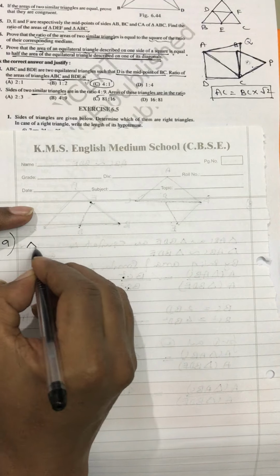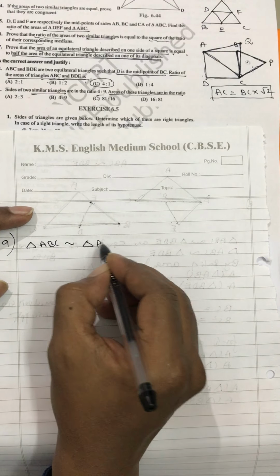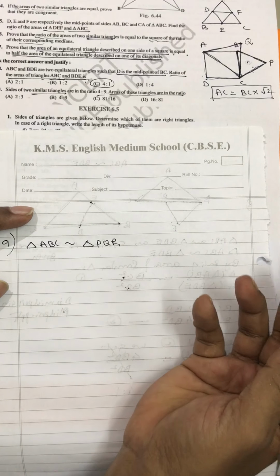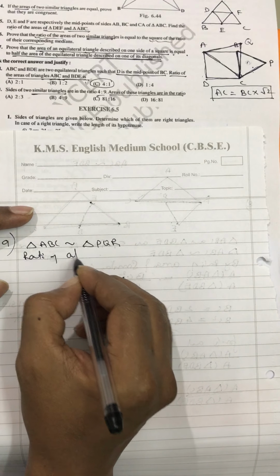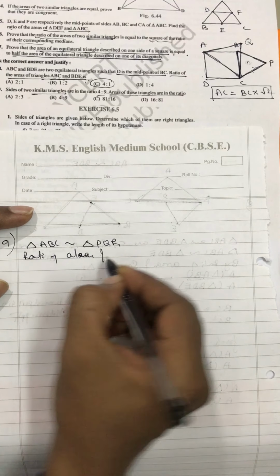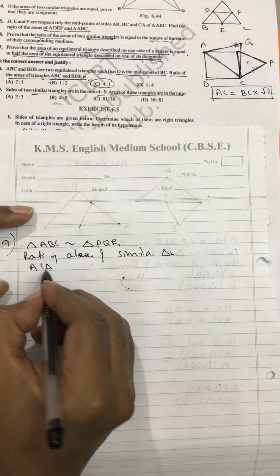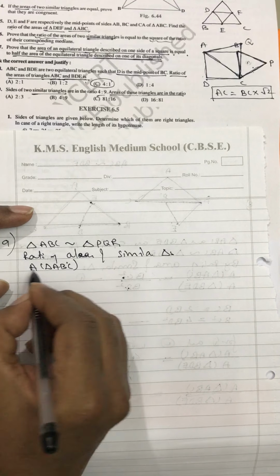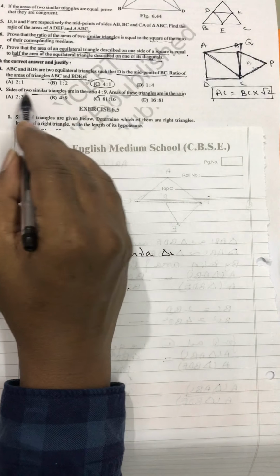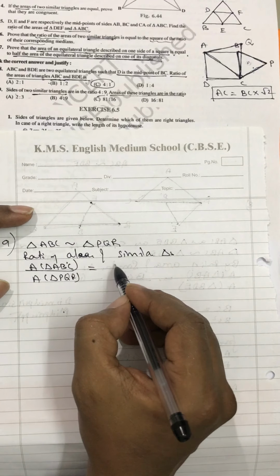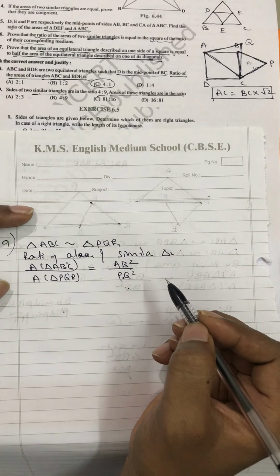So here what will happen, triangle ABC is again similar to triangle PQR, you can tell. You can take anything now, no problem. So by ratio of areas of similar triangles, area of triangle ABC upon area of triangle PQR. Sides of two similar triangles are in ratio 4:9, is equal to AB square upon PQ square.